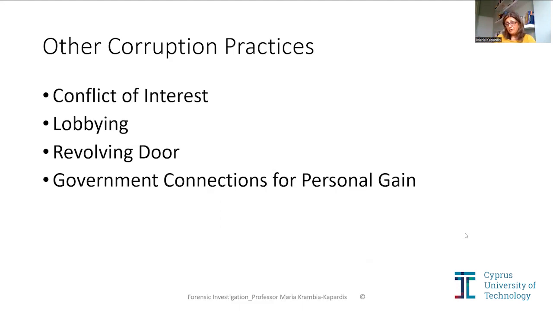So we've seen conflict of interest. Nowadays, there is a lot of discussion as well on lobbying. A lot of countries, including my country, have passed legislation on lobbying. Lobbying is legal as long as it is done ethically and it is transparent. So as long as you know who is being lobbied and why. Revolving doors.